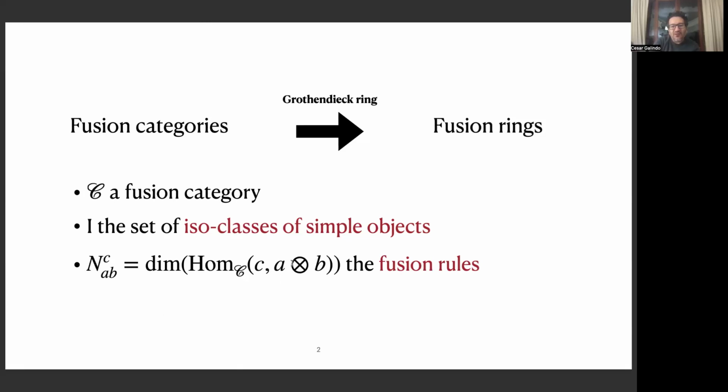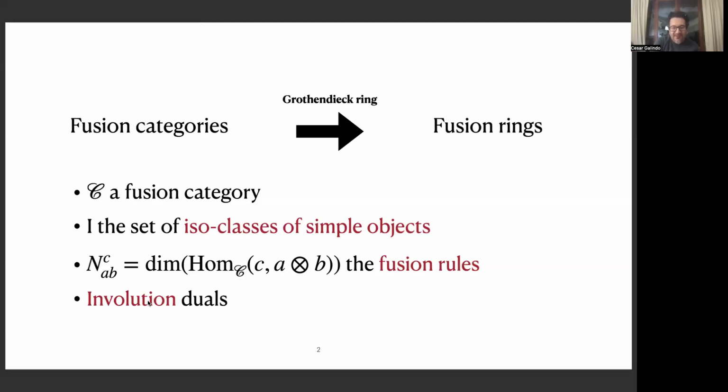If you take two objects in the category and you do the tensor product, the object C perhaps appears in the tensor product with some multiplicity. This can be computed as a dimension, but the important part is that this is a non-negative integer. So the fusion rules are just that: this set of elements with this set of numbers associated with these three labels.